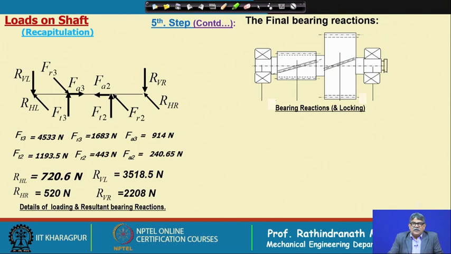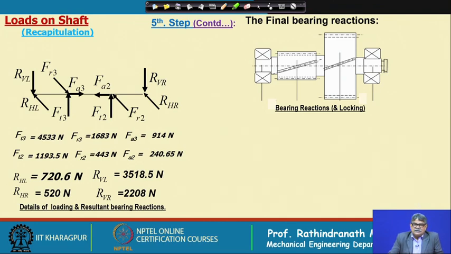Now, we have already calculated the loads on this shaft along with the bearing reactions. We have resolved the gear loads, that is normal loads on the gears while it is transmitting torque, into basically 3 components in case of helical gear.